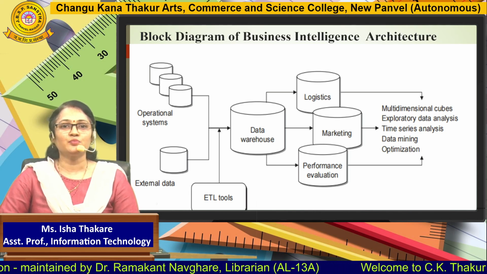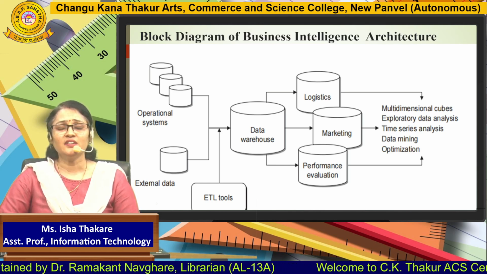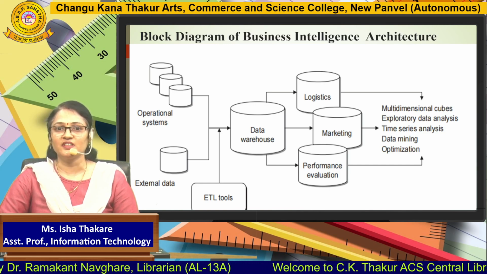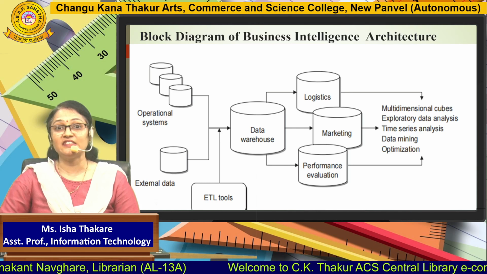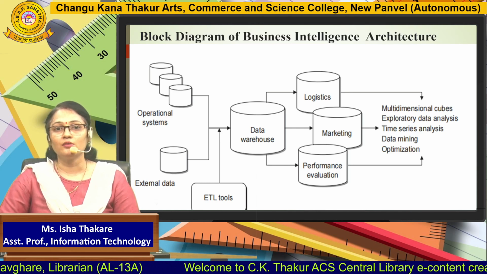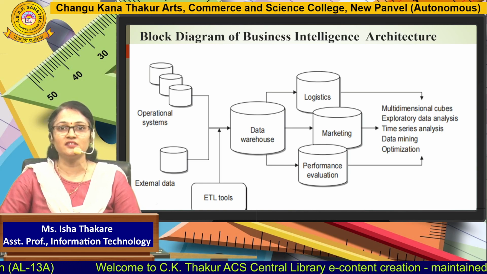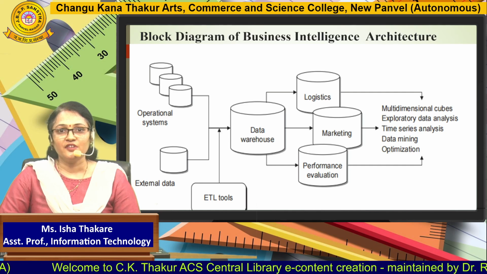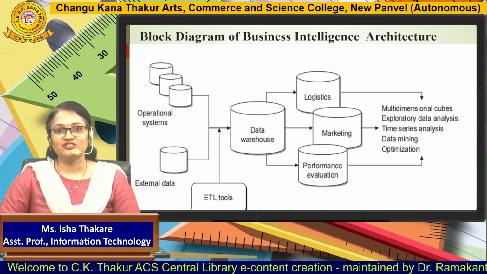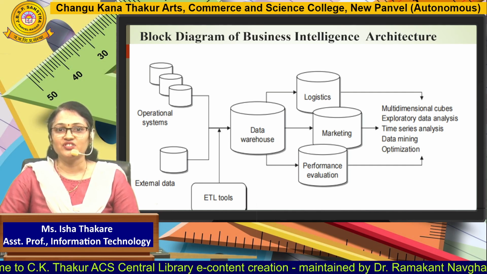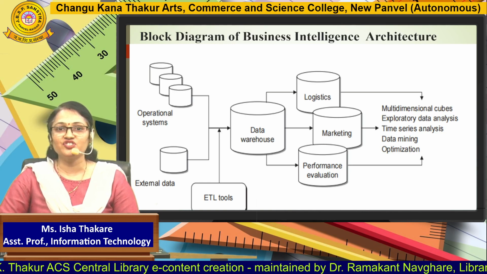Now, coming to the first tier, that is the operational system and the external data source. Let's see how this actually works. Firstly, the data is extracted from the operational system. Now what is this operational system?